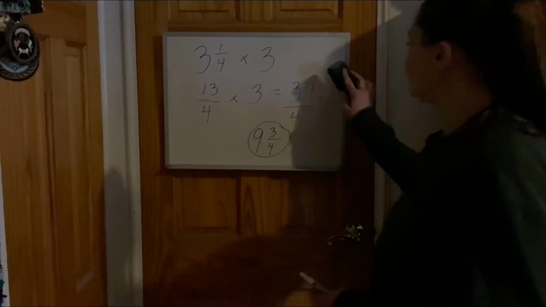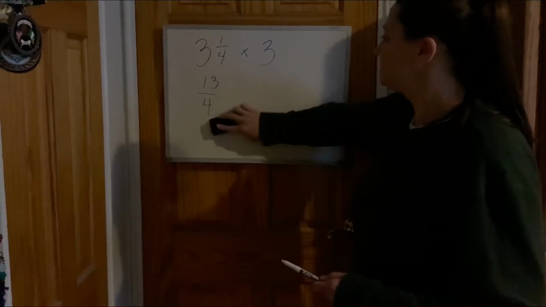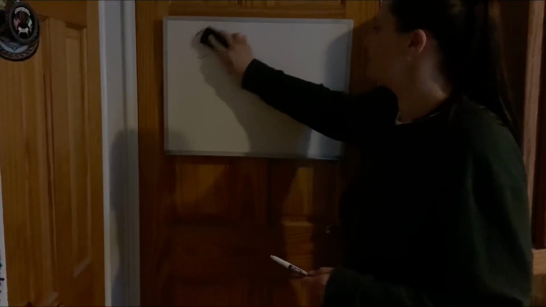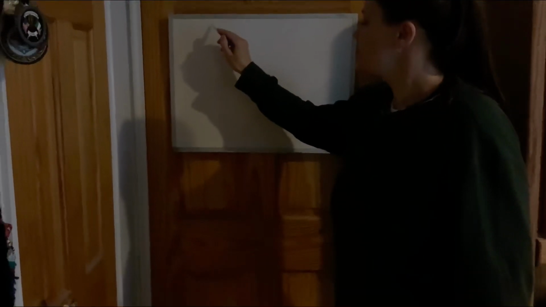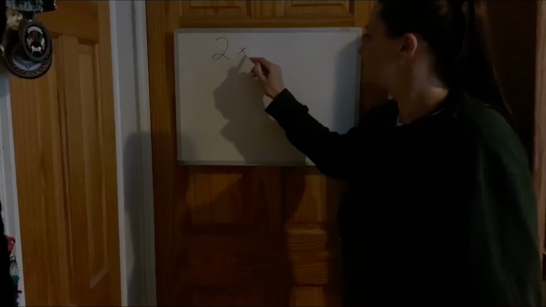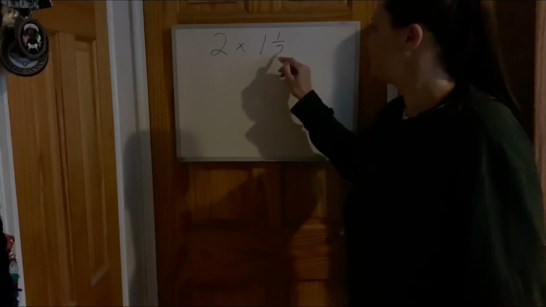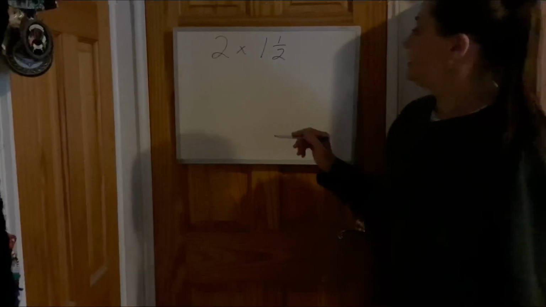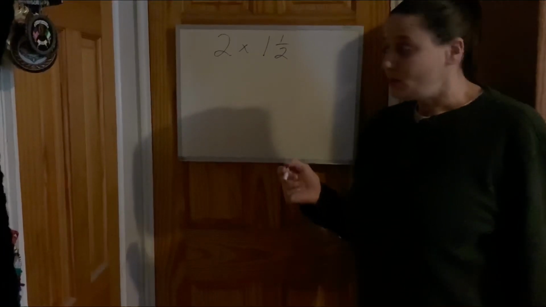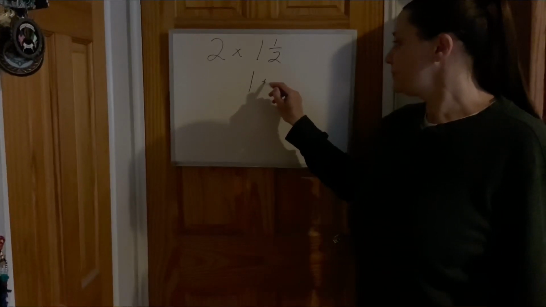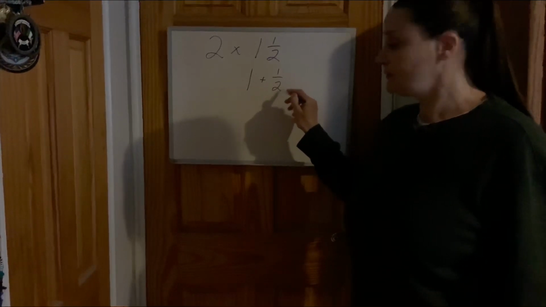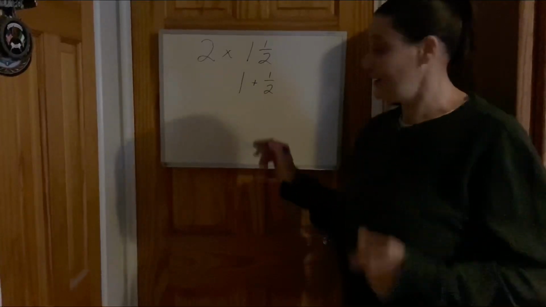I'm now going to show you the same two examples, but using the other method. So the first thing that we did was 2 times 1 1/2. For the second method, we have to remember that 1 1/2 is 1 plus 1/2. We talked about that before, okay?